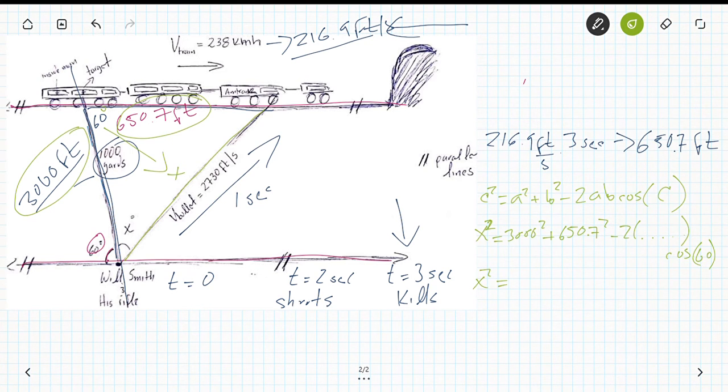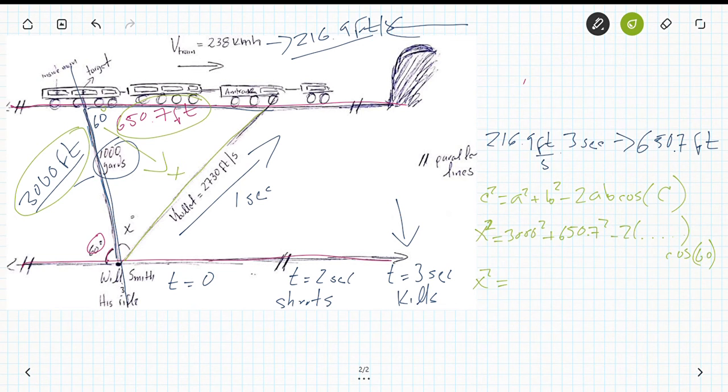Okay, so now we're going to find this number. So excuse me if I take a little bit of time to do that on my calculator. I didn't previously calculate it. So that's going to be 3000 squared plus 650.7 squared minus 2 times 650.7 times 3000 times the cosine of 60.